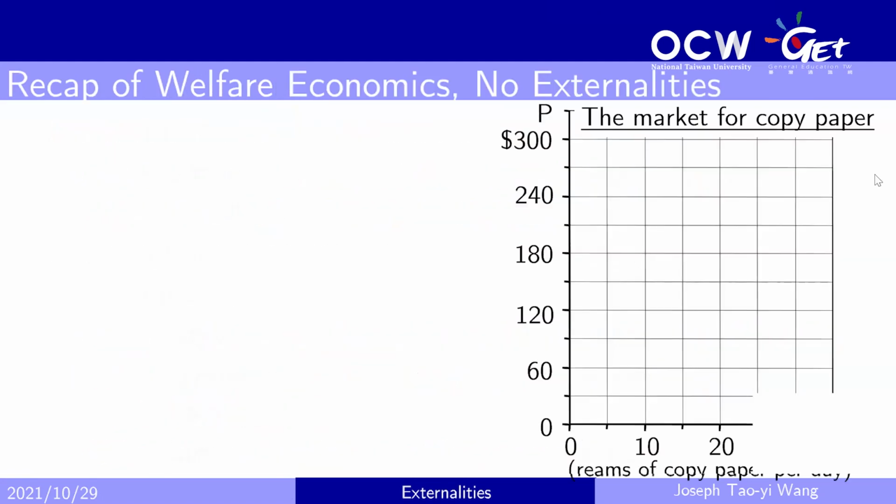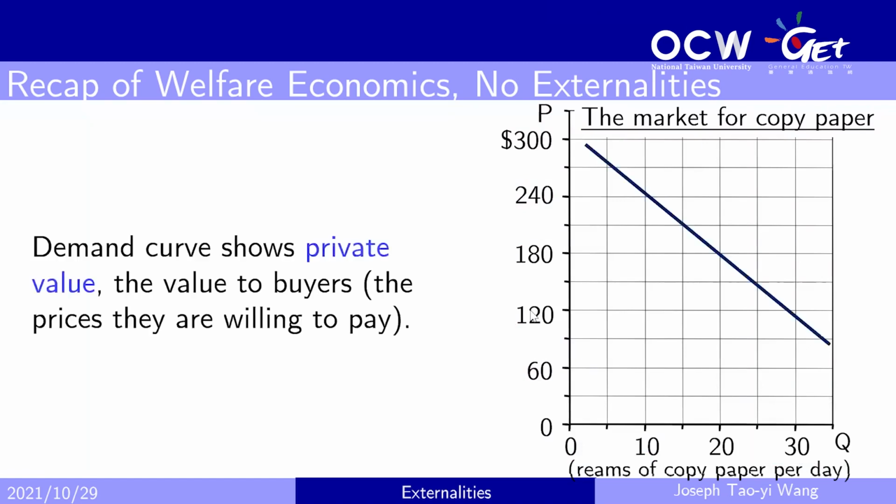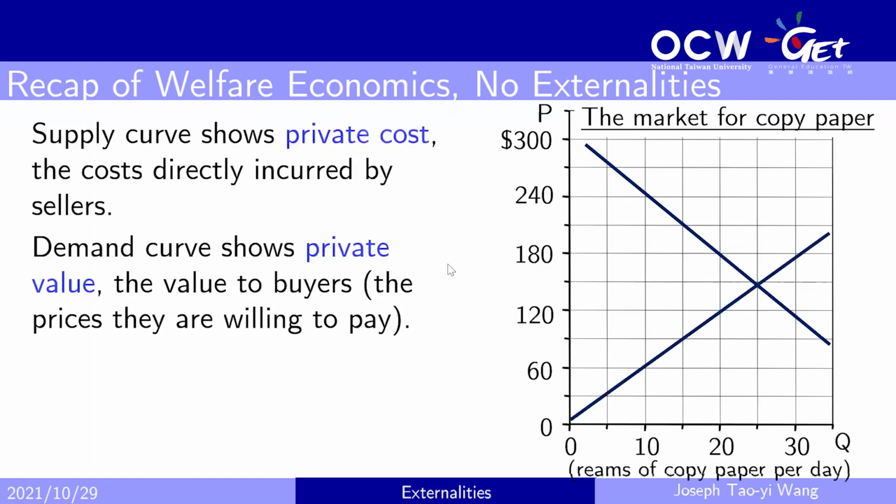Okay, this is a recap of welfare economics. This is the market for copy paper. You have a demand curve, which is the private value, the value of the buyer, the price they're willing to pay for copy paper. And then you have the supply curve, which is the private cost, the cost directly incurred by the sellers to produce and sell the copy paper.